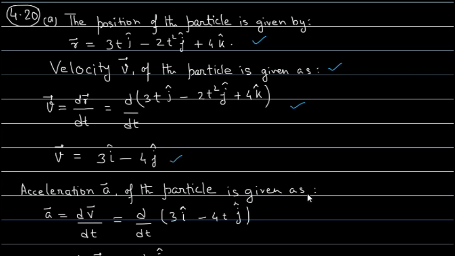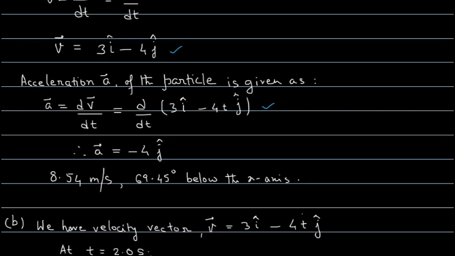Now acceleration a of the particle is given by a is equal to dv by dt. Again, whatever we got for the value of v, we will differentiate with respect to time. So we get a is equal to minus 4j.